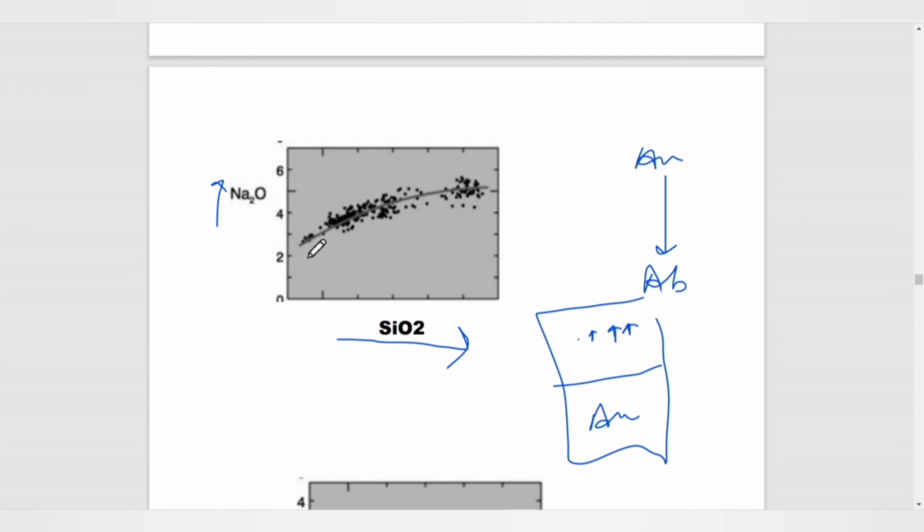You see its concentration is high. But after some point of time, when albite starts crystallizing, it will settle out, and in the remaining melt we will see less concentration of Na2O. So initially it is high, and after some point of time it will reduce.